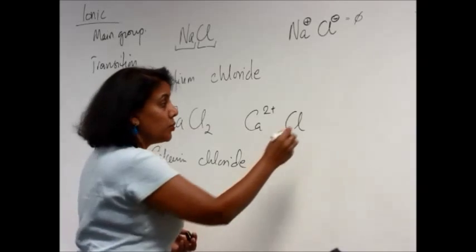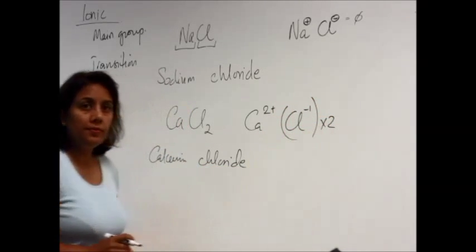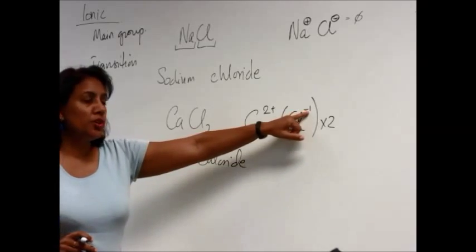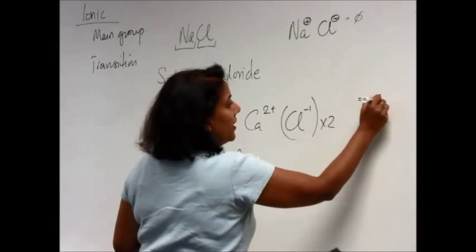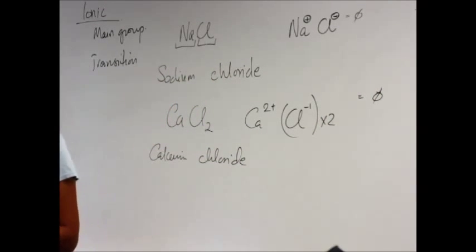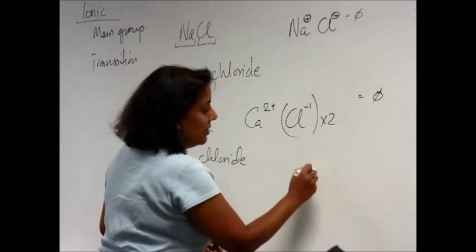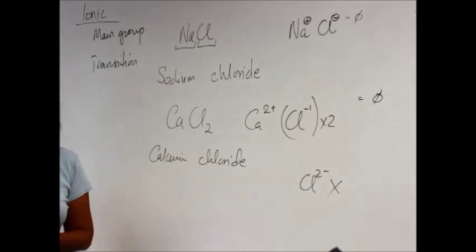It is still -1. You just happen to have 2 of these. So therefore, the total charge becomes -2, and therefore, the total here is still 0, because you have 2 of the chlorines. It doesn't mean you have Cl2 minus. This is not what happened, so I will never ever write this, because that's not what happened.